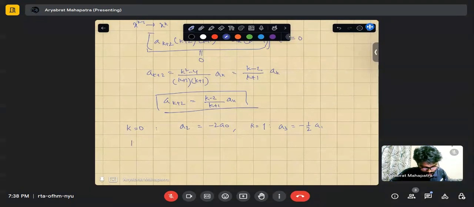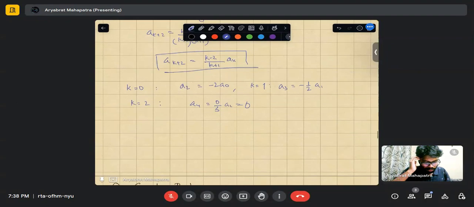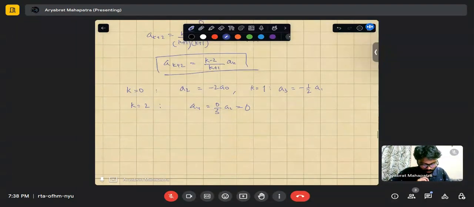When you keep doing this, you find that the next term is 0 by 3 a2 equals 0. So you can get all the a values.